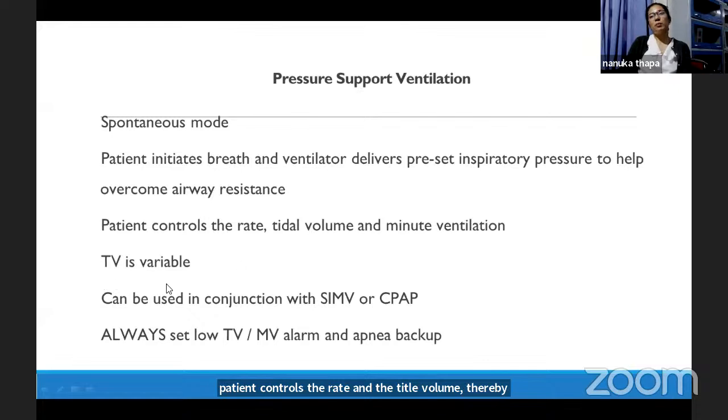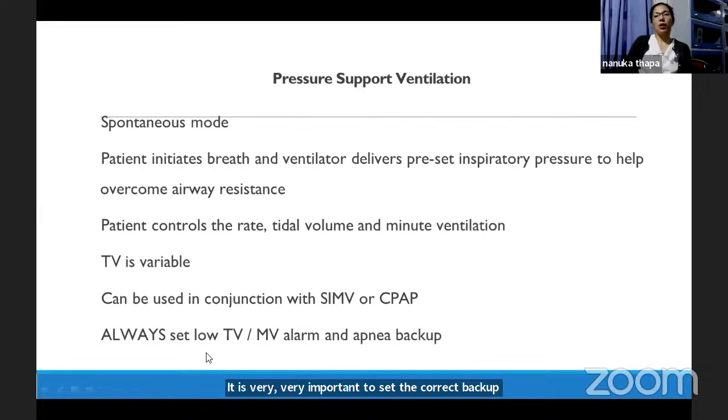So depending upon the patient's need, the tidal volume is variable. The tidal volume will depend not only upon the pressure support that is set in the ventilator, it will also depend upon the patient's own efforts. It can be simultaneously used with SIMV, or it can be used alone in the CPAP mode as well. It is very, very important to set the correct backup alarms when we are using pressure support ventilation.